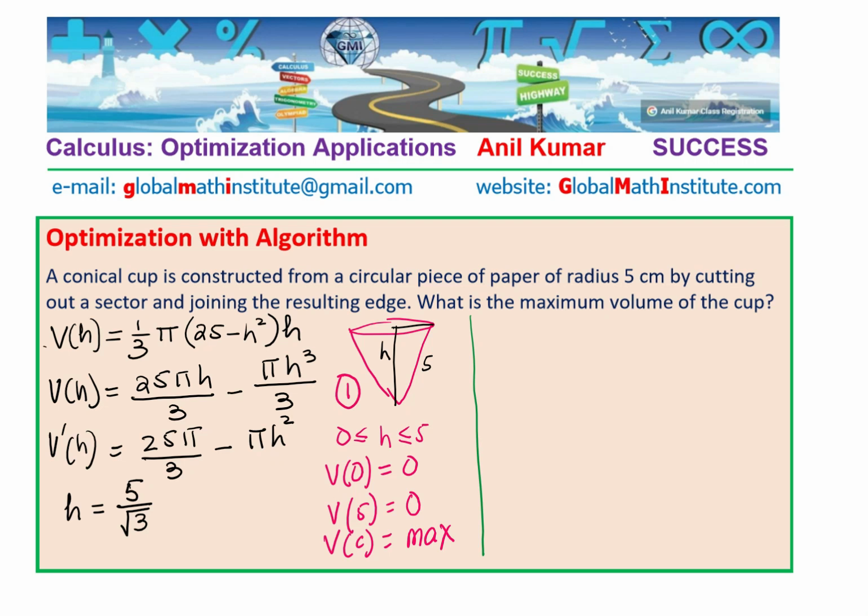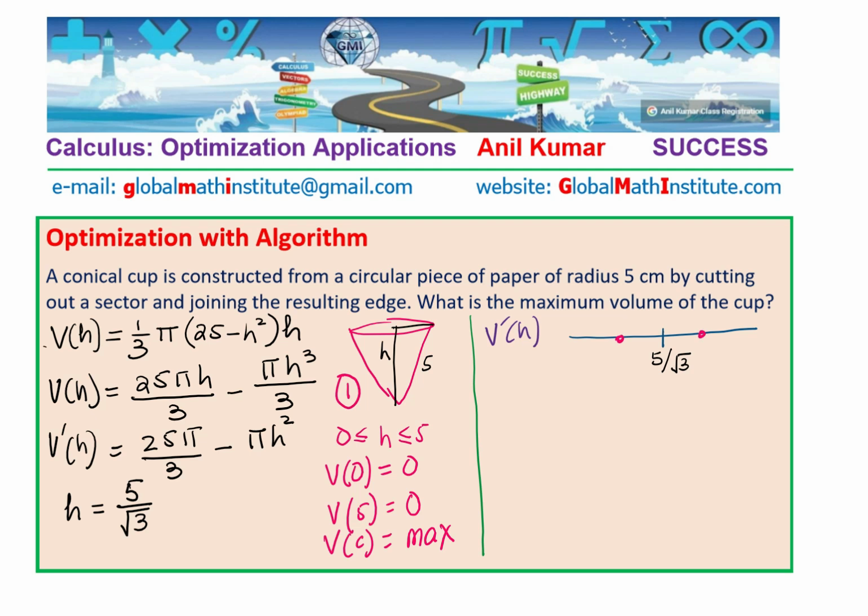Option 2 was to analyze this particular derivative. So we'll do option 2 also here. We are analyzing the derivative. We have a critical number which is at 5 by square root 3. Now we can take 2 points, one on the left side and one on the right side.